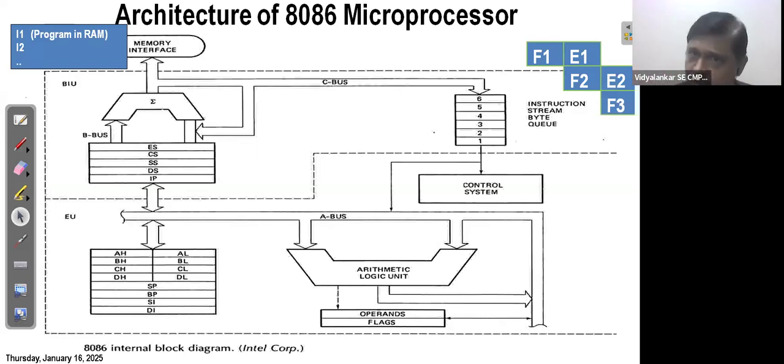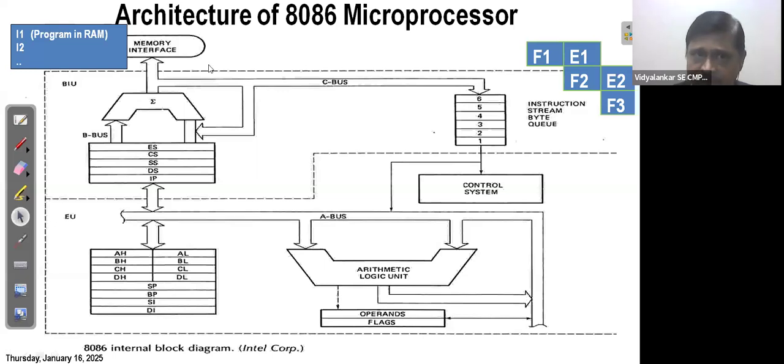All credit goes to Intel. I'm using it for my teaching. What you see at the top is a memory called RAM. You can see the memory interface. Interface means connection. So this is a memory which is connected with your processor 8086. The dotted part is your 8086 processor and this is your RAM.